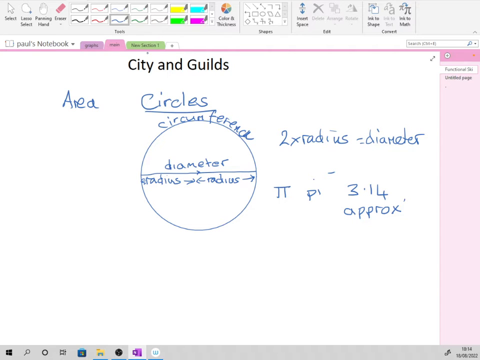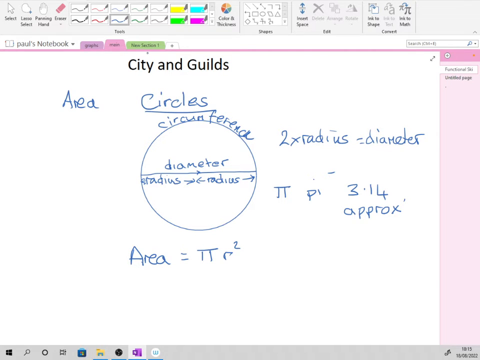Now we don't need the circumference, as I said, but we still need pi, and we need another formula now to find the area of a circle. Now, our old friend pi r squared, with r for the radius. Because remember when you're talking about an area, the notation is always something squared: centimeter squared, meter squared.